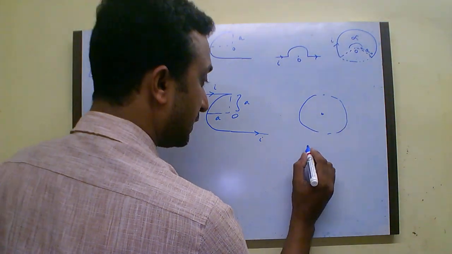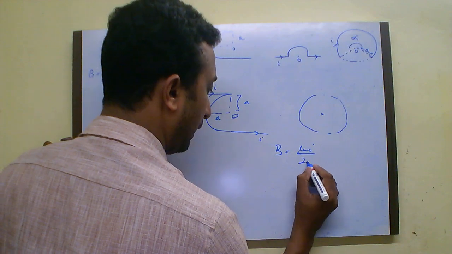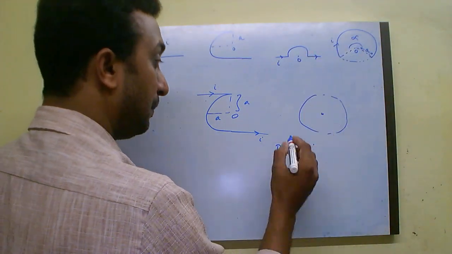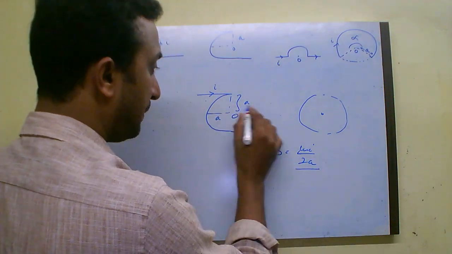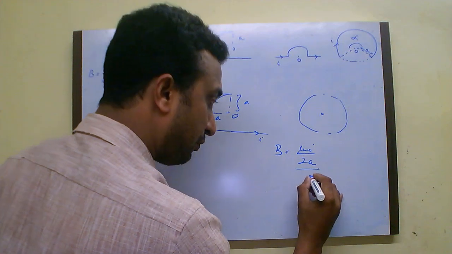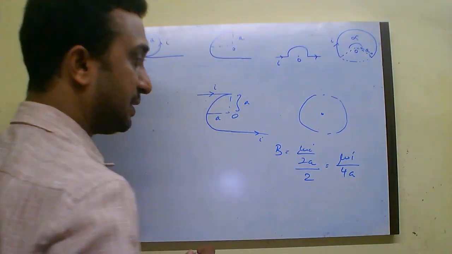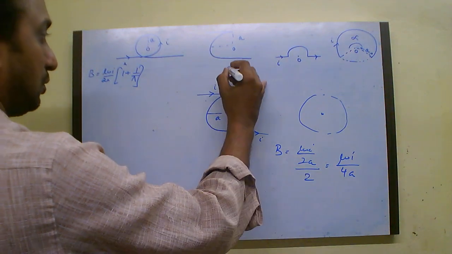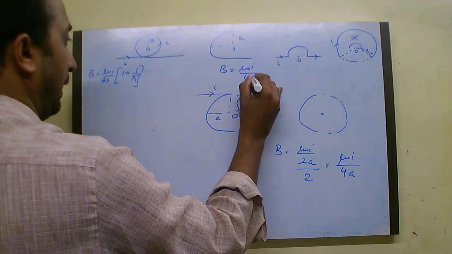You have to use the same equation, B is equal to mu 0 I by 2a, which is for the circle. But you only have half of it, so the net magnetic field at the center will become half of it. So you have mu 0 I by 4a as the answer.